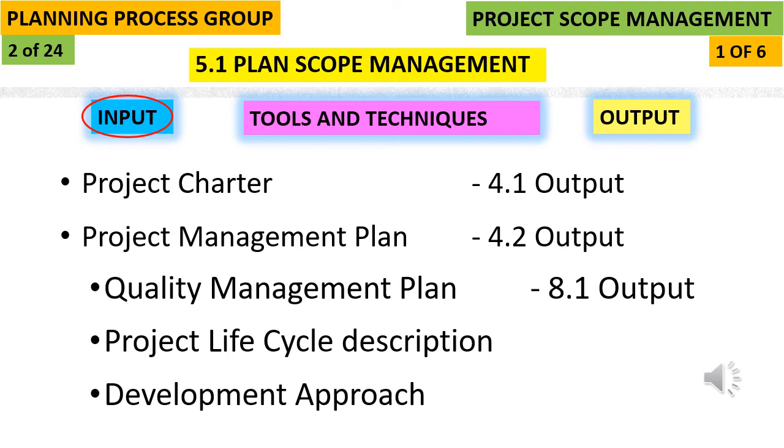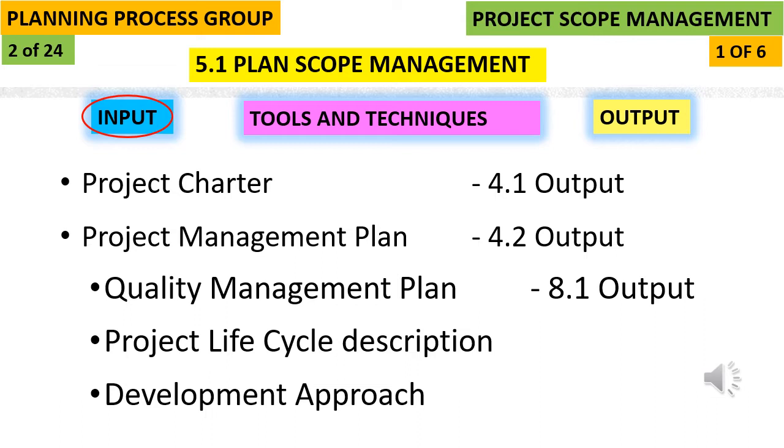What are the inputs for this process? The first input for this process is the project charter, which is an output of process 4.1, which captures the project purpose, high-level project description, assumptions, constraints, and high-level requirements which the project is intended to deliver.